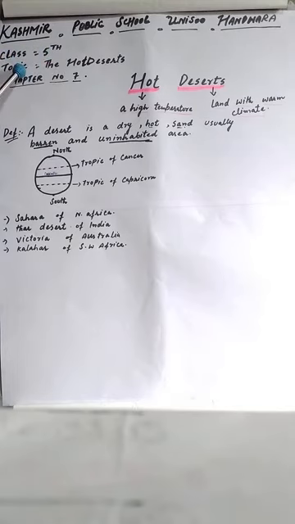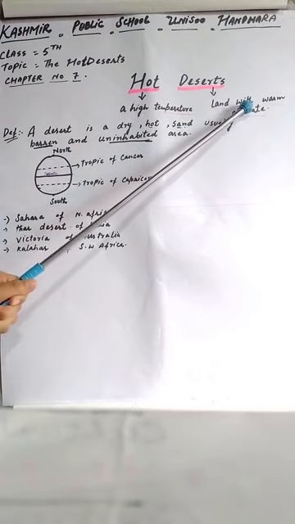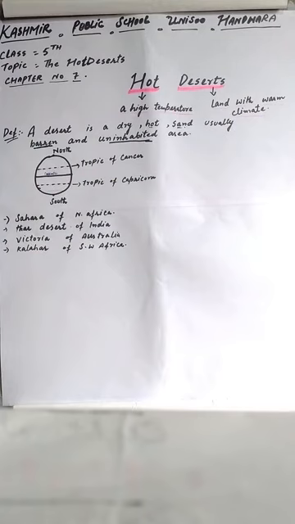Today I am going to teach you a topic, the hot deserts, which is chapter number 7 of your textbook. Hot means a high temperature, and deserts are lands with a warm climate. Dear students, first we will know the classic definition of desert.